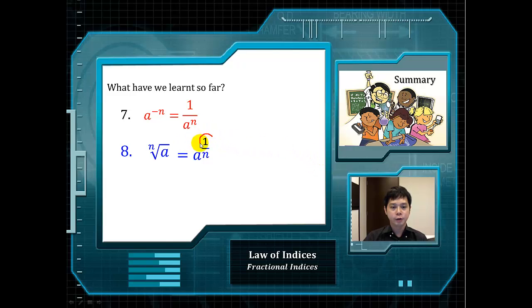Now remember that the numerator here is the power and the denominator here is the root. Because a here has the power 1 and root n, we have 1 for the numerator and n for the denominator. Next, we learned about the fractional indices with the power m and the root n.